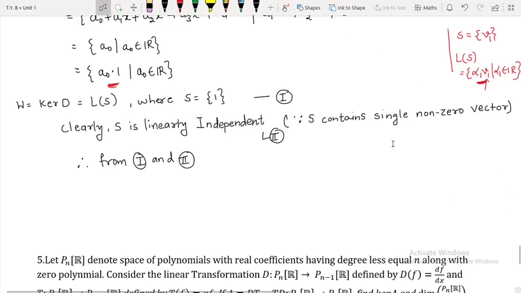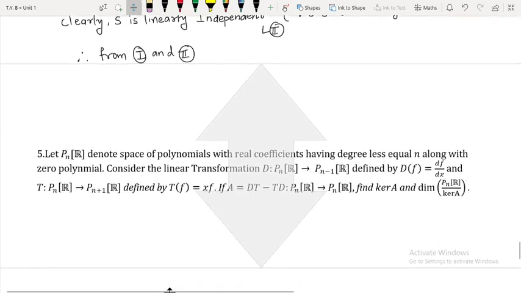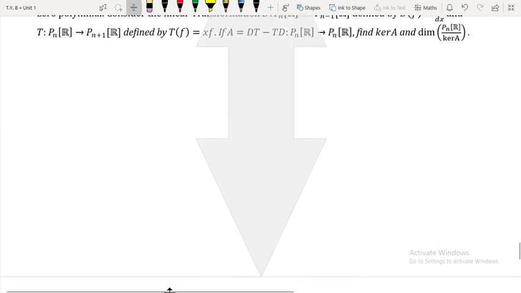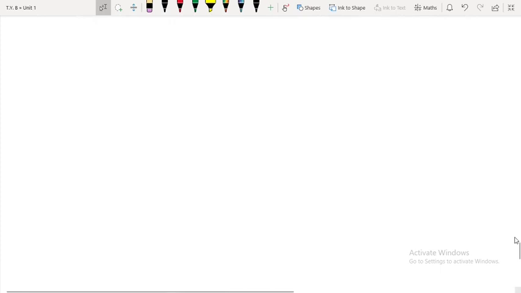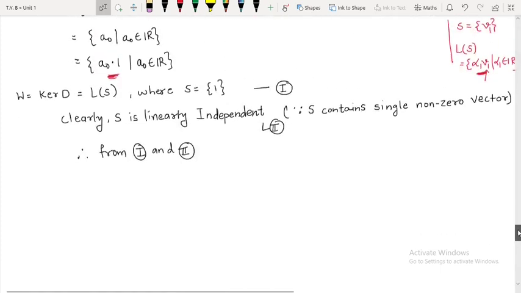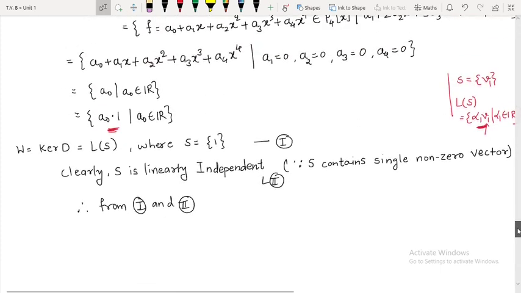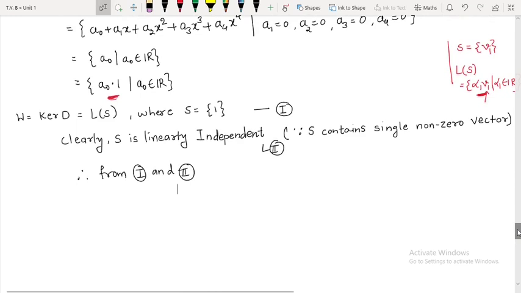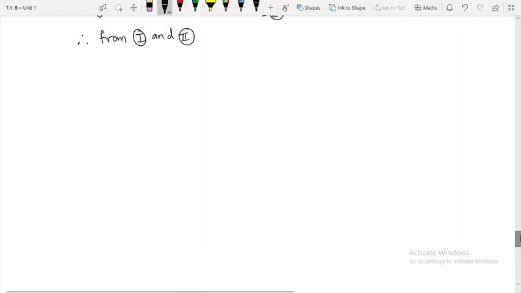Now once we find the basis of the kernel of D, we have to extend that basis to a basis of the vector space. And what is our vector space over here? It is P4 of x. So first of all, from 1 and 2, S is a basis of W only.